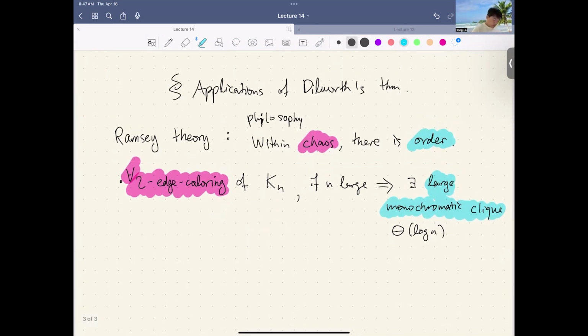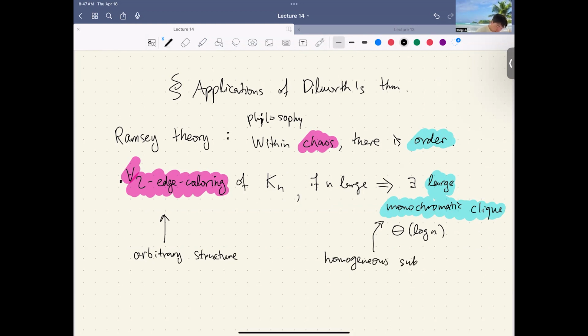So as you can see, in any arbitrary structure, as long as the original structure is large enough, you can find a large homogeneous substructure.